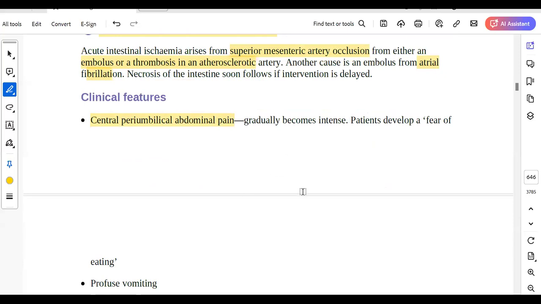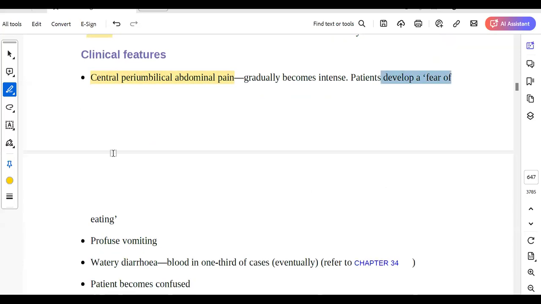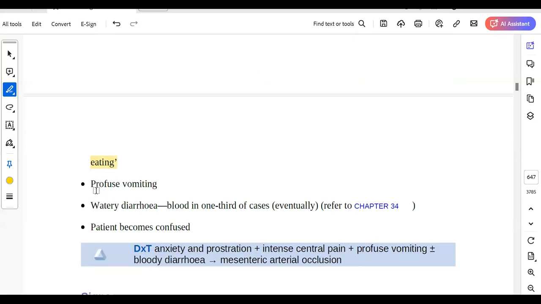And once it starts centrally, gradually it becomes worse and worse. Patients sometimes have a fear of eating because many times this mesenteric ischemia gets worse after eating. So central abdominal pain, profuse vomiting, watery diarrhea, and sometimes bloody diarrhea.